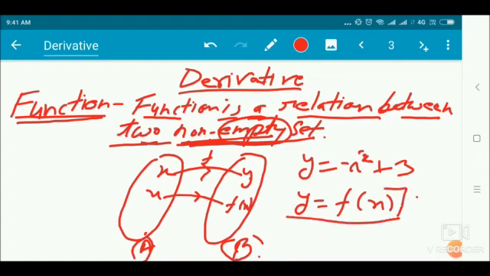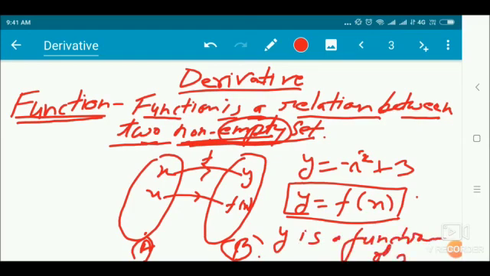This is the function notation. f does not mean that f is multiplied with x. Actually, instead of f we can use symbols like capital F(x), phi(x), g(x), or psi(x).